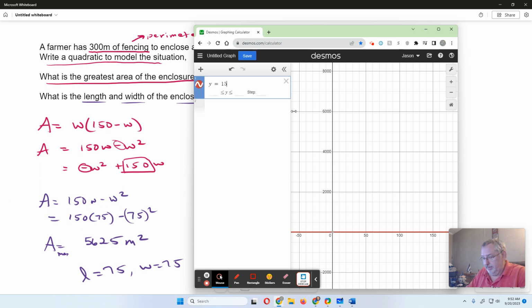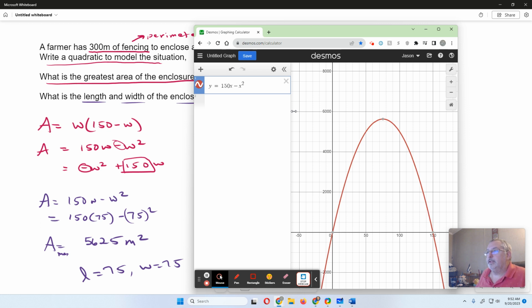So 150x minus x squared. So there's that parabola. And now here's another cool thing about Desmos. You can create a table. So I'm going to let x be x, and then I'm going to let my y equal that. You see, I'm just copying and pasting. And watch what happens here.